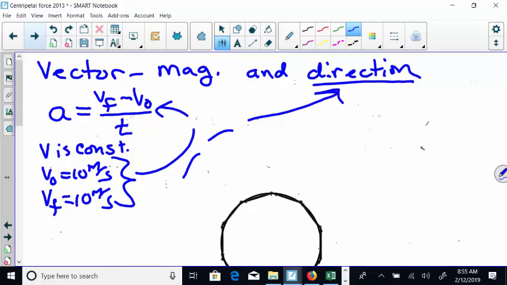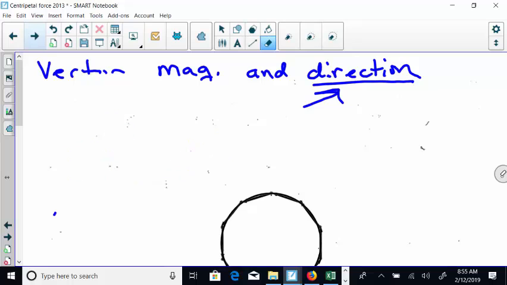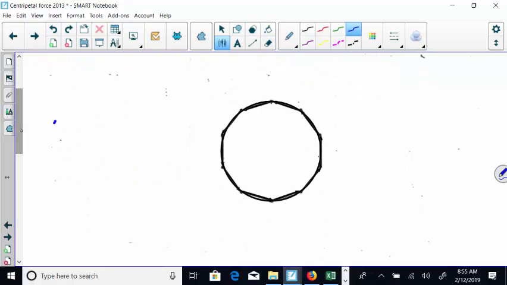So we're going to look at this whole idea of direction. On here, what I have is a circle, and we're going to assume that this circle is rotating.